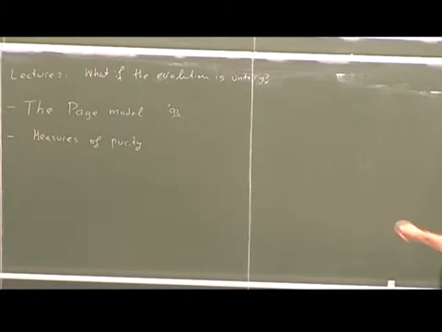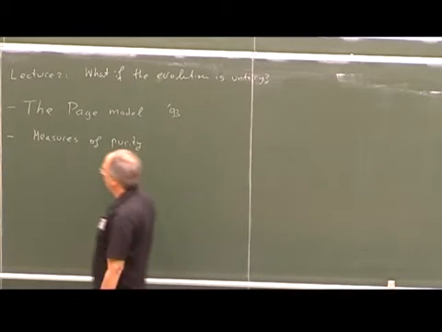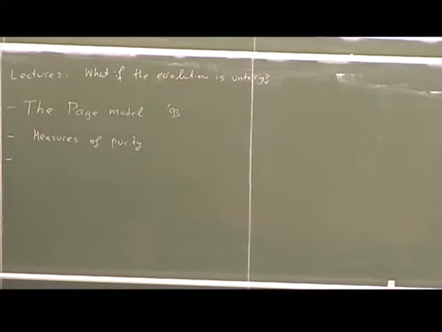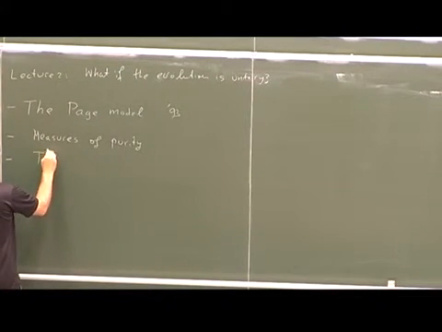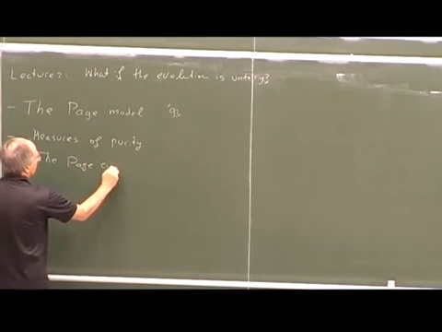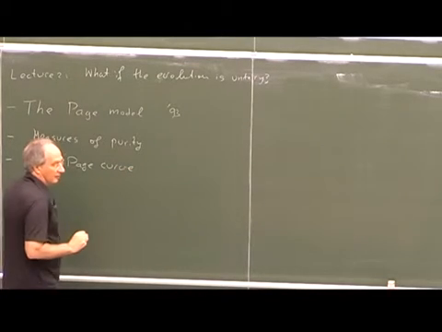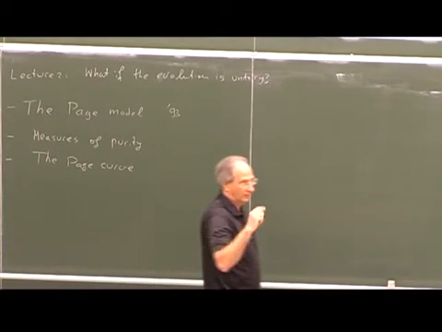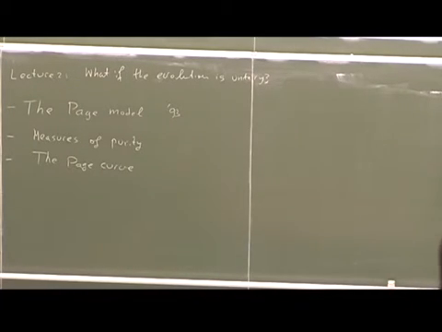And after we find out what these tools are, we will be able to draw the Page curve very easily. The Page curve was derived by Page in these papers in '93 by doing a computer simulation. And here I will show a very simple analytic calculation that reproduces that.